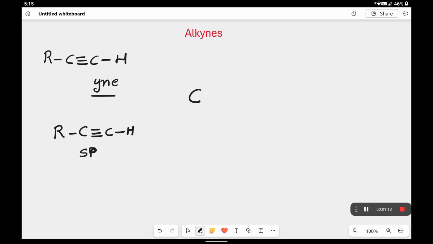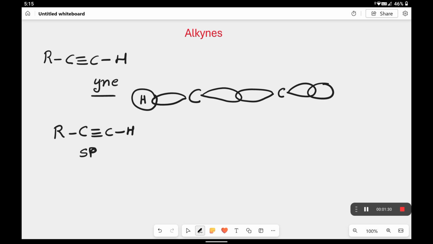Suppose this is the carbon atom, and this is the pi bond, the p orbital. This makes a carbon with a sigma bond and a pi bond. Here is one more carbon atom. You know that all the p orbitals are perpendicular to each other.